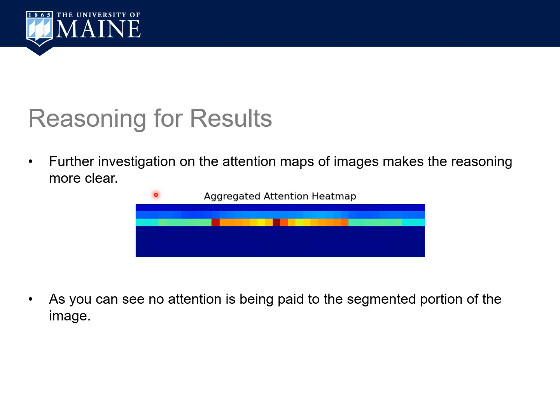If we aggregate over all of the data set where the model is paying attention, we can see that if the bottom part is the segmented image and the top part is the ground view image, all of the attention is being paid to the ground view image, whereas the segmented image gets next to no attention whatsoever. So this is a further reasoning for why our experiment failed.